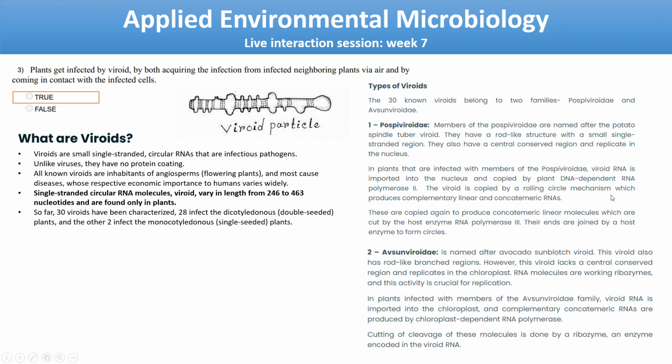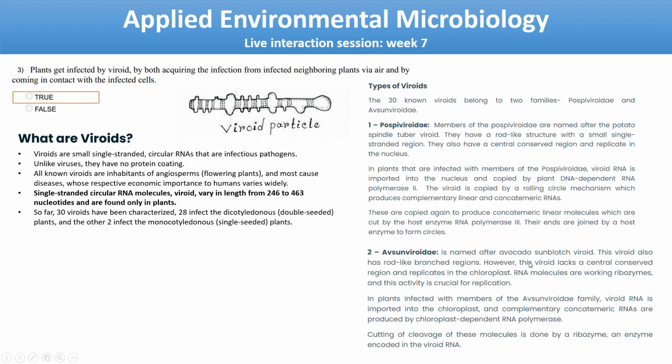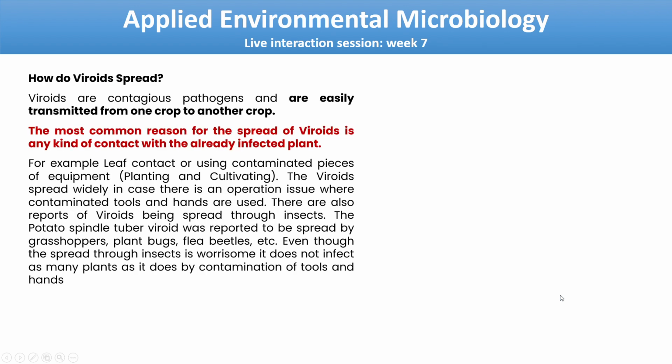So in this case the host machinery is only partially used, and the cutting is done by a ribozyme. Here in Pospiviridae the cutting and the joining is done by RNA polymerase 3. Okay, so there is a major difference.